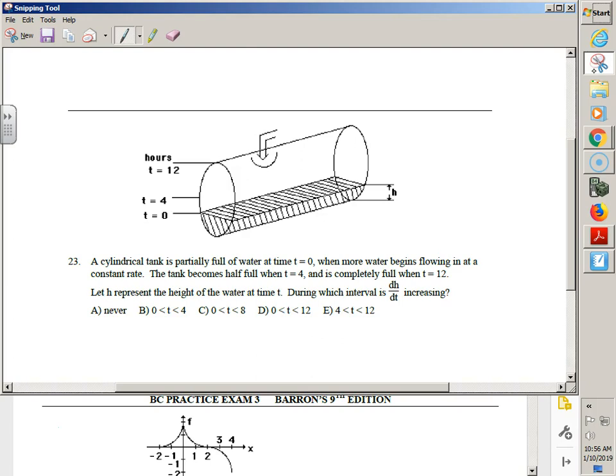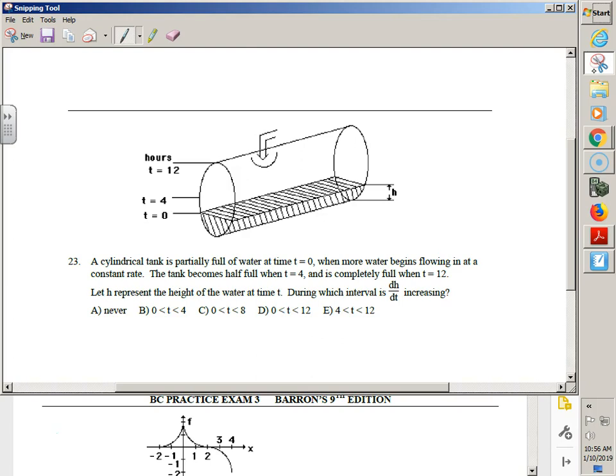How many of you have filled up a water bottle and right there towards the end, whoosh. When is the rate of the height increasing, aka the height increasing faster, from 4 to 12? The height is increasing, but the rate at which the height is changing is faster.